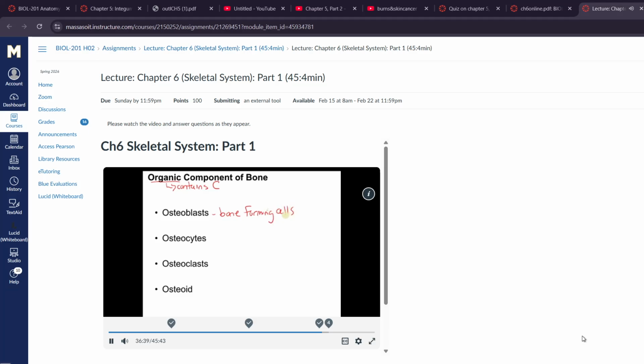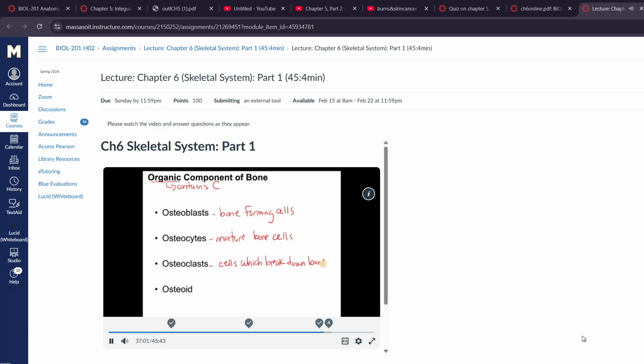Then we have the osteocytes, which are mature bone cells. There is another type of cell called an osteoclast, and these are cells which break down bone. Okay, these break down bone, and we're going to talk about these later.